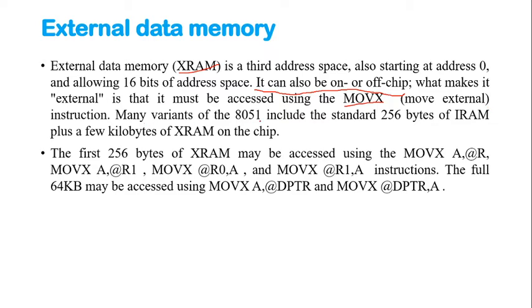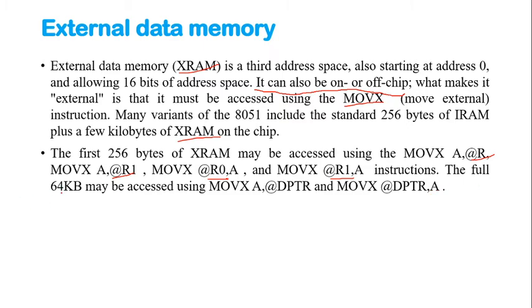Many variants of the 8051 include the standard 256 bytes of IRAM plus a few kilobytes of XRAM on the chip. And the first 256 bytes of XRAM may be accessed using MOVX A, @R0, MOVX A, @R1, MOVX @R0, A, and MOVX @R1, A. So these are the different configurations of accessing the external RAM.